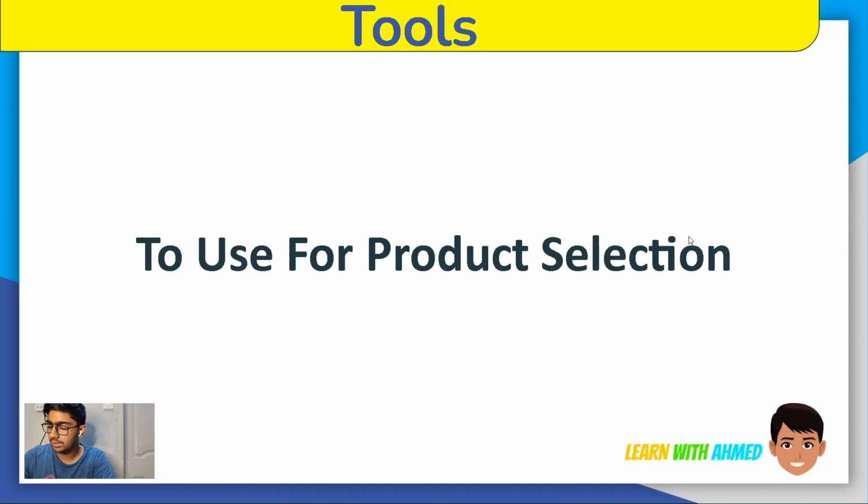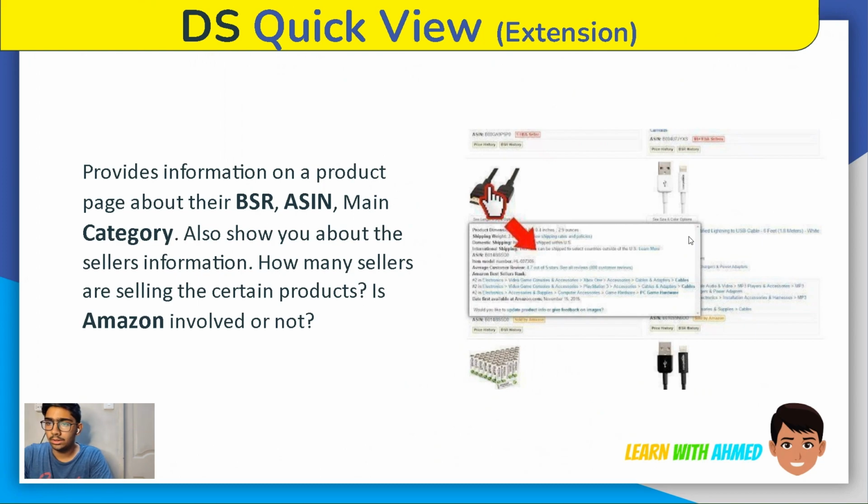So let's start. First of all, you need to know the tools we are going to use for product selection. First is the DS Quick View extension of Google, which is going to show you the BSRs in the main category, how many sellers are selling, whether Amazon is involved or not, and information about the seller and all.